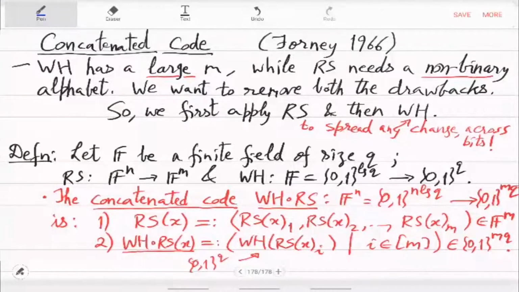So, you know that Reed-Solomon is an efficient code, efficient in the sense of poly m log q, and Walsh-Hadamard will take time poly q. So, overall this is polynomial in m and q, and m is also comparable to field size.